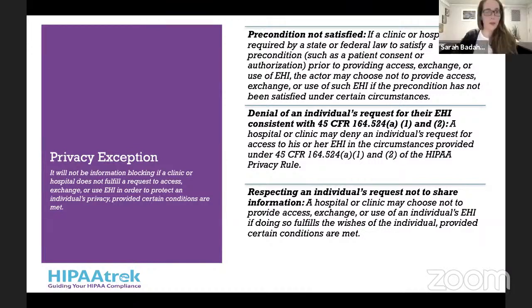Not for HIPAA, I don't believe so. I think that is more of a state-specific regulation. So, well, actually, hold on, let me think about this. I've been so embedded into information blocking today that I forgot.